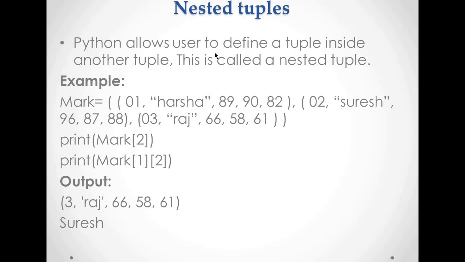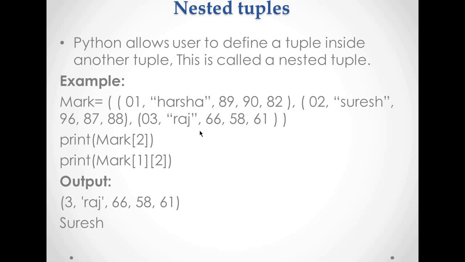Nested means a tuple which is defined inside another tuple is called a nested tuple. So, see in this example, the outer tuple starts here and ends here. These are the inner tuples. The inner round brackets are inner tuples.